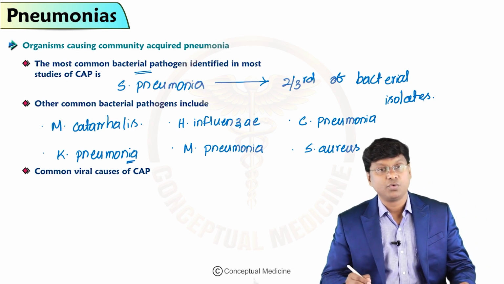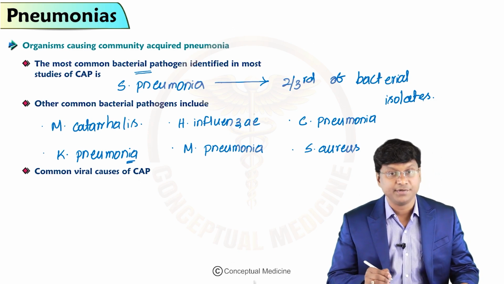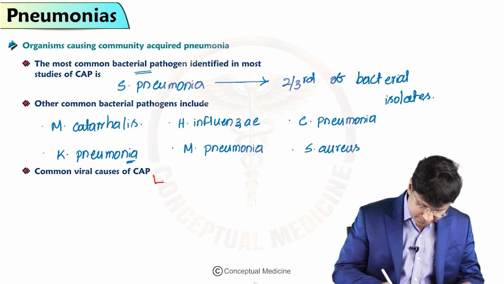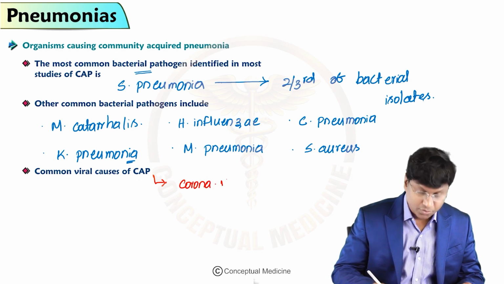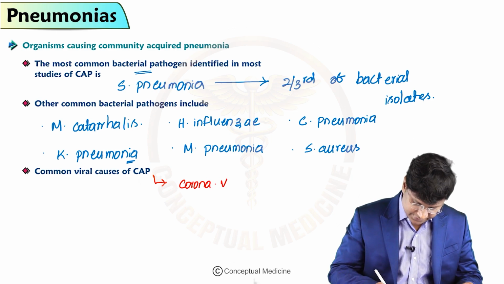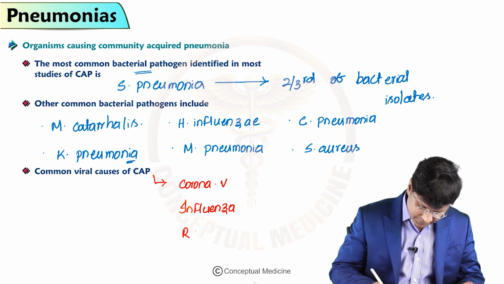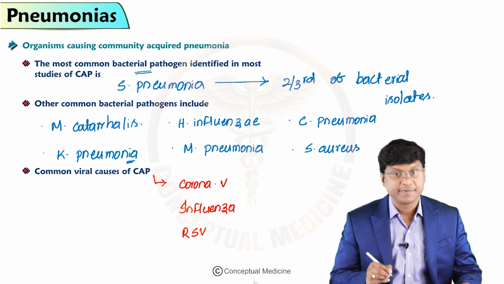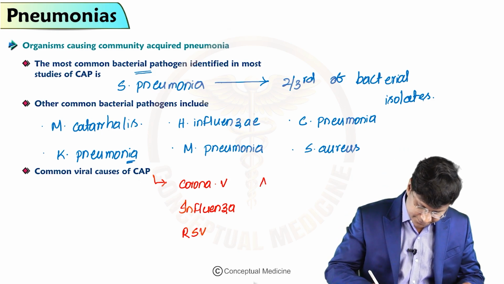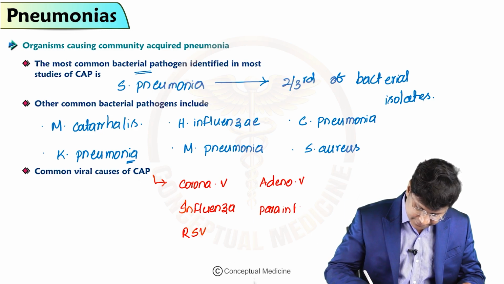The viral organisms causing community acquired pneumonia include coronavirus, influenza virus, respiratory syncytial virus, adenovirus, and parainfluenza virus.